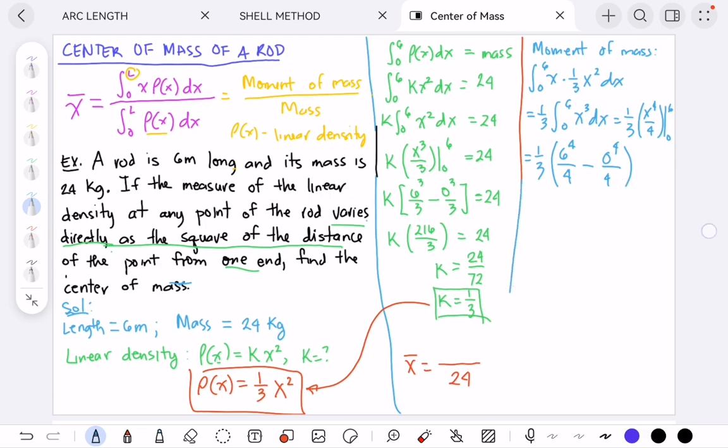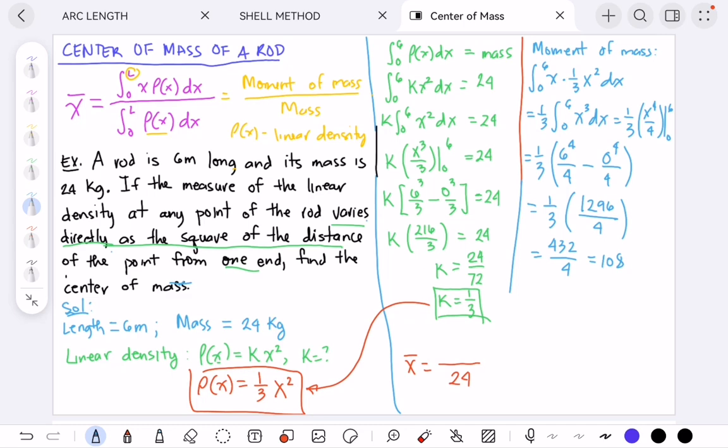What is this? 6 times 6 is 36, times another 6 is 216, times another 6 is 1,296 over 4, divided by 3, we get 432 over 4, and 432 over 4 is 108.